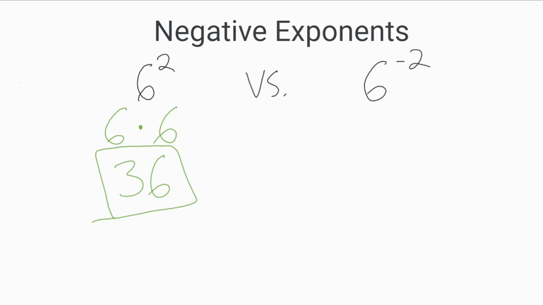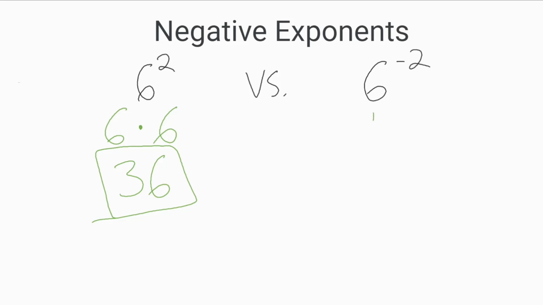So let's look and see what happens when we have 6 raised to the negative second power. Well, that negative power will bring our 6 and that 2 down into the denominator. It pretty much flips it from where it is.